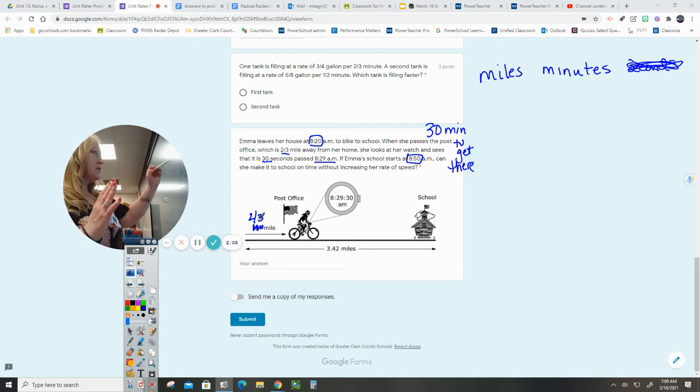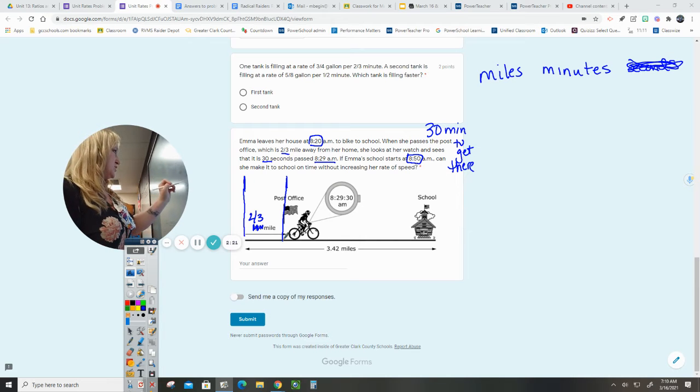So what I'm seeing is that from here to the post office, I'm going to calculate. She left at 8:20. She got there at 8:29. So the 2/3 of a mile took her 9 minutes and 30 seconds, which is 9.5 minutes.